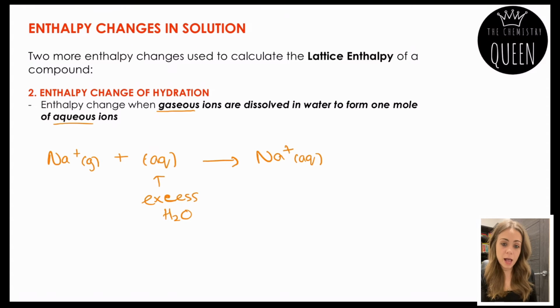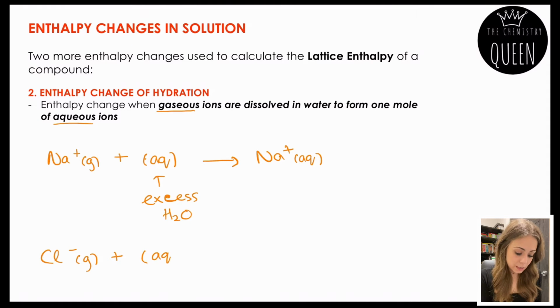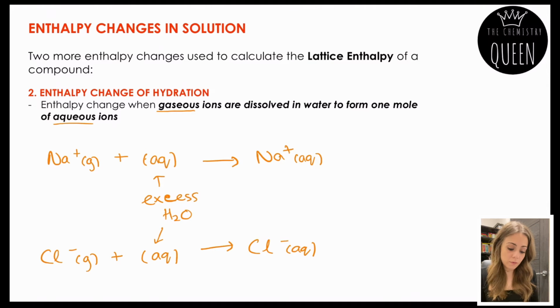So we go from ions that are gases, dissolve them in water to form 1 mole of ions that are aqueous. I can also show this with chloride ions. So I take chloride ions in the gas state, dissolve them in water to give me 1 mole of aqueous chloride ions.